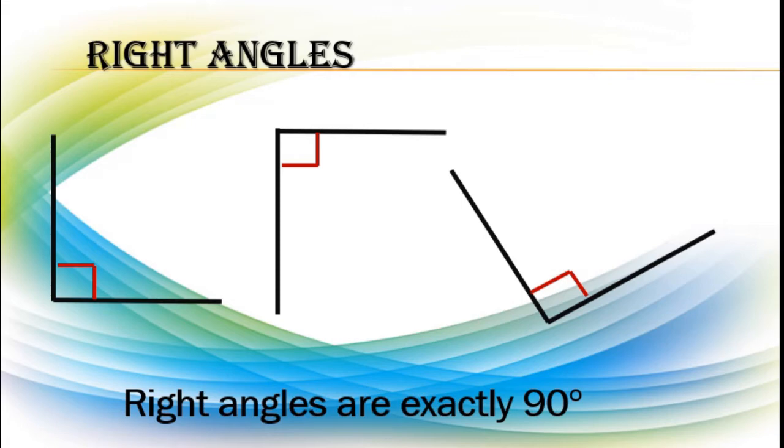This all shows that they have a 90 degree angle. Two lines meet at a point, and at that point it is exactly equal to 90 degrees. So these are called right angles. Again, right angles are exactly 90 degrees.